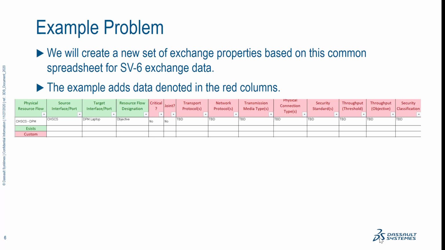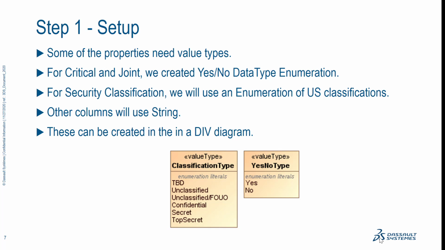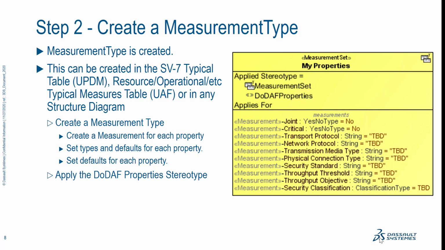Let's review. First, I had a target spreadsheet that I was trying to replicate in the tool. I copied the headers just to save myself a little time. I had a couple of enumerations, one for classification, one for my yes, no's. You could do other ones, it depends on what you're trying to target.